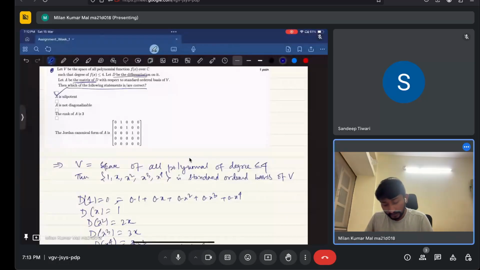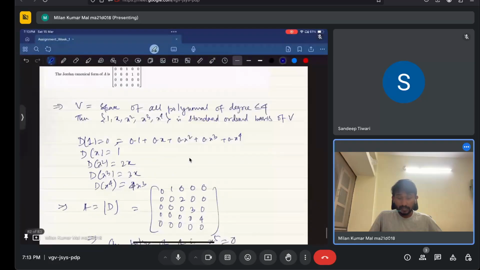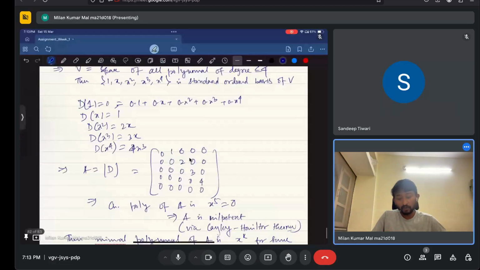Now, the rank of A is 3? Here you can see that the rank of A is 4, because we have 4 non-zero rows. Maybe it is not in row reduced echelon form, but if you do row reduction, you can't make these entries 0, you can only make this entry 1.